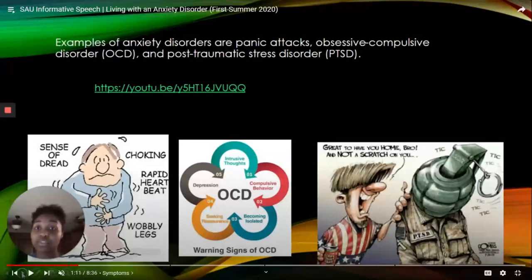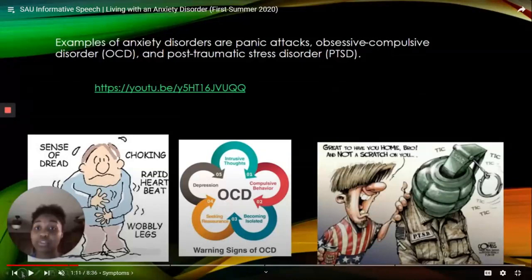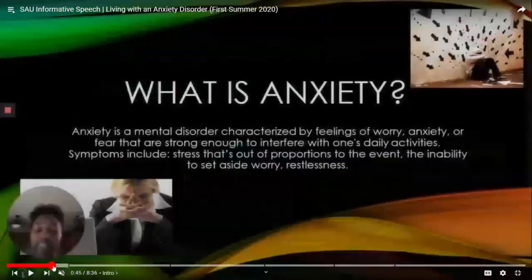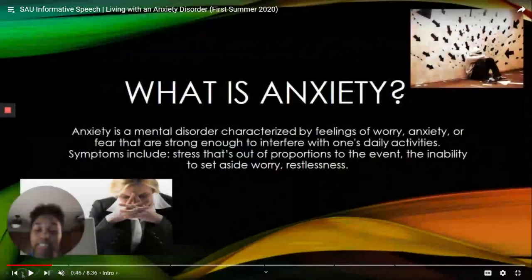Some of the examples of anxiety disorders and those visuals. So she's got a combination of what amounts to bullet points and interactivity with a YouTube link. Let's make certain that I didn't jump the gun here. She's defining the term. Remember, that is an informative speech. What is anxiety?